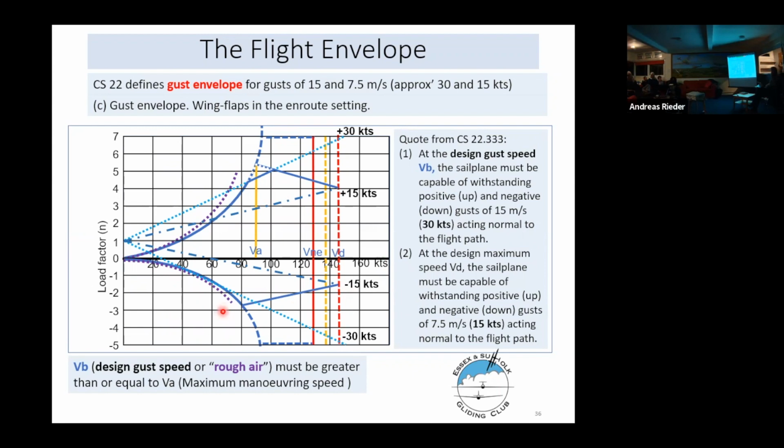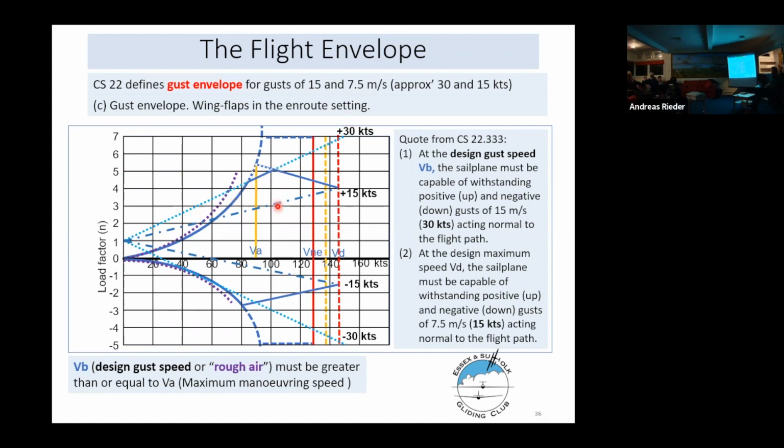So the VB speed is what we know as rough air speed, and it must be greater than or equal to VA. We've already marked VA on here as the point at which the glider will stall with 5.3 G, or load limit of 5.3. In this particular case, the 30 knot stall line has cut that corner off.